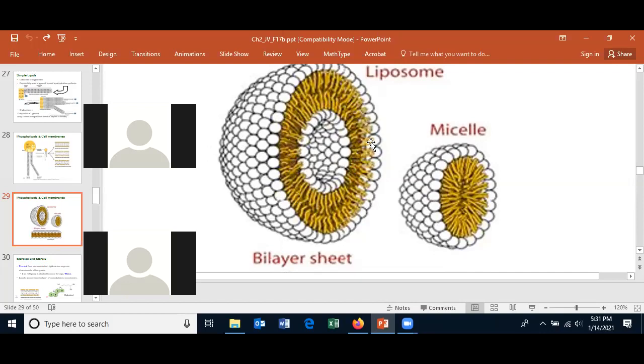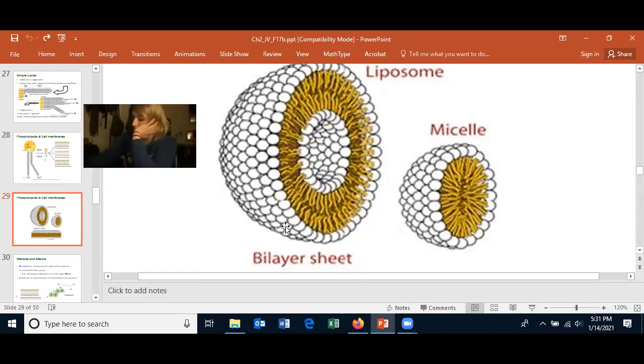So this is similar to a cell, because this is what our cell membranes look like. They're mostly composed of phospholipids, and they're a bilayer with the head facing outwards and then the head facing inwards, and then the fatty acid portions being in the inside of the cell membrane. Any question about any of that?